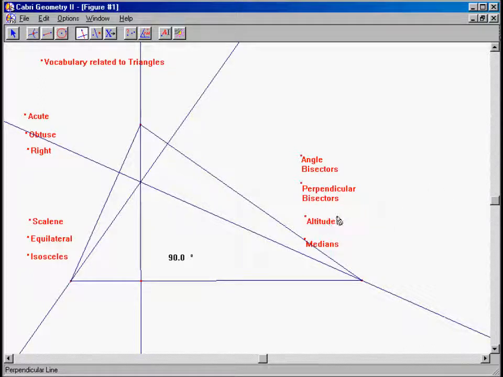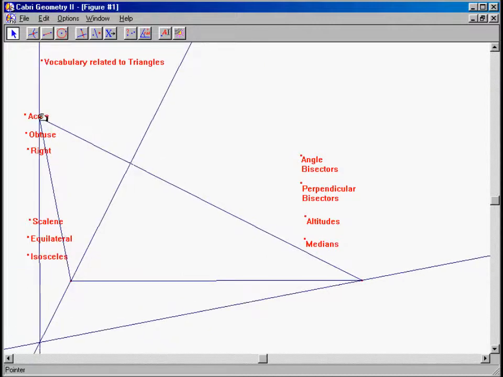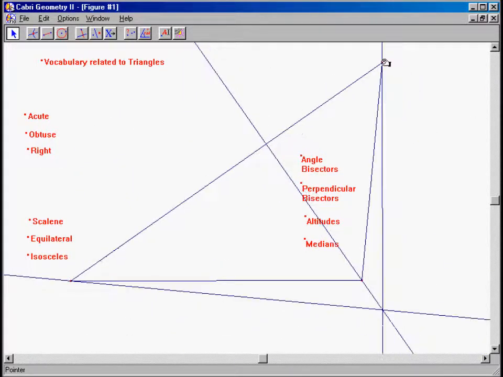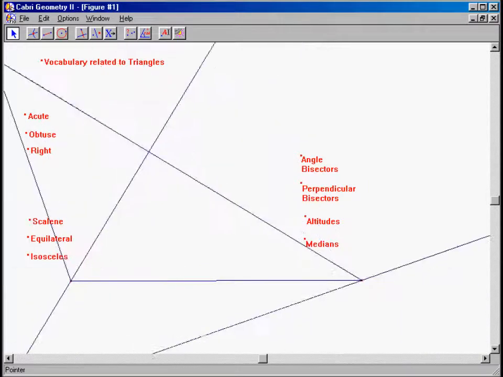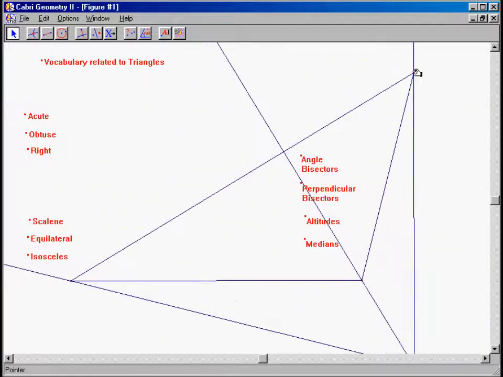The altitudes are used to find the height of the triangle, and when we distort it, it shows you that they're always intersecting. And look, they can meet outside as well. Isn't that interesting? Altitude can be outside.